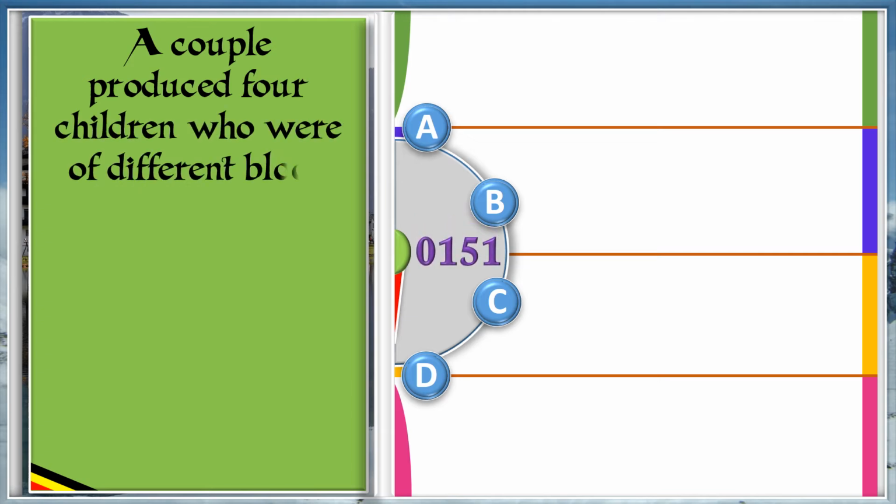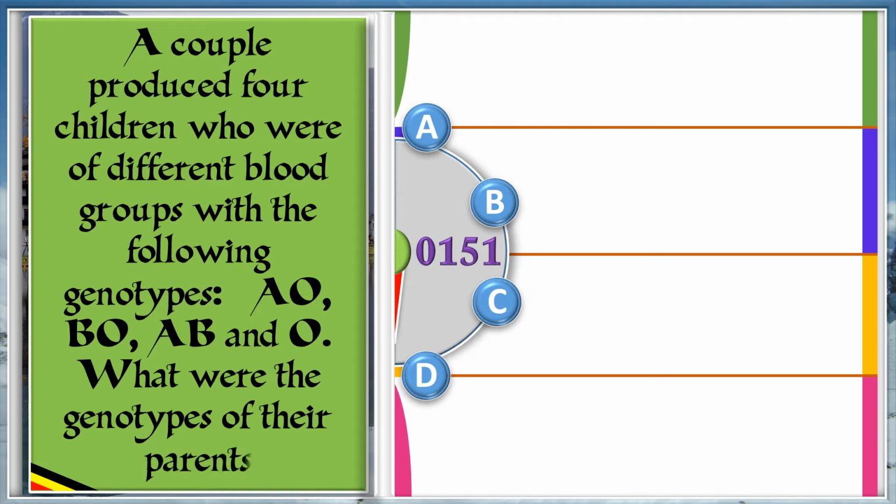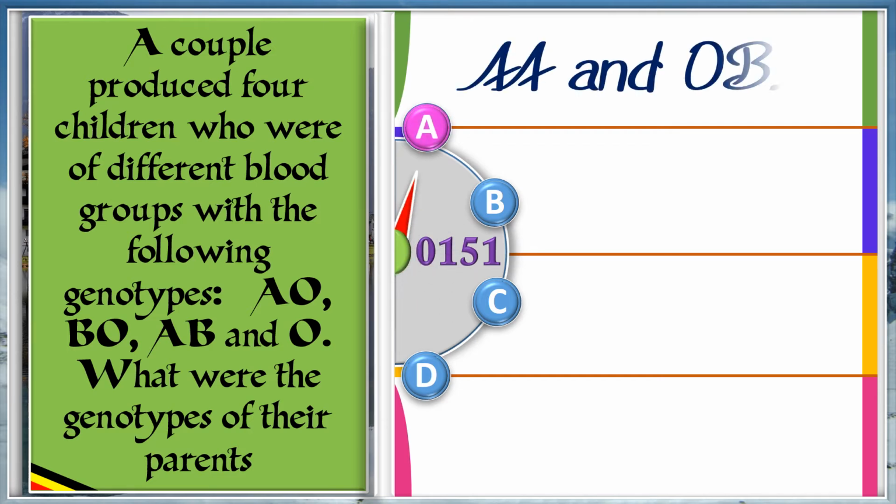A couple produced 4 children who were of different blood groups with the following genotypes: AO, BO, AB, and OO. What were the genotypes of their parents? A. AA and OB.